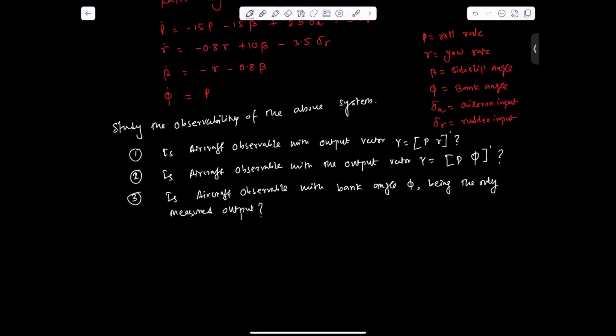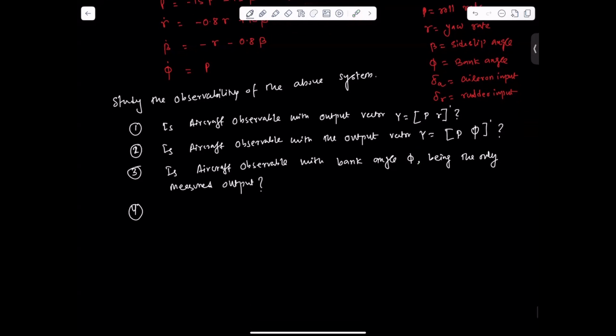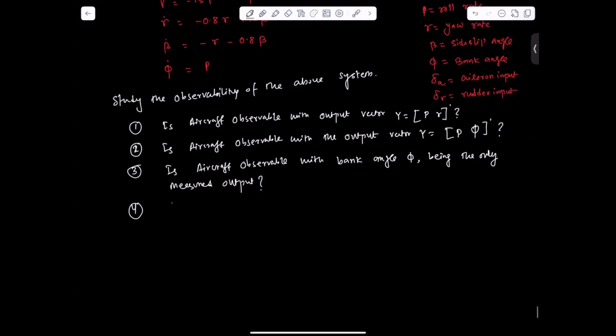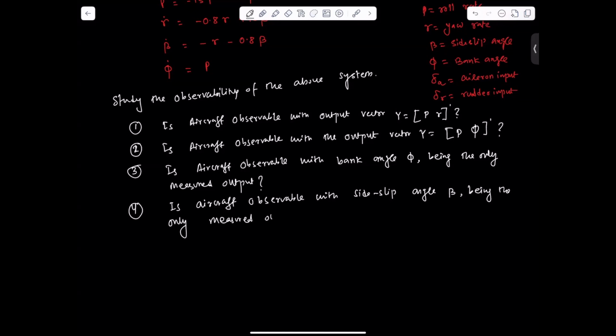And the fourth question, where only the beta angle exists: is the aircraft observable with sideslip angle beta being the only measured output?